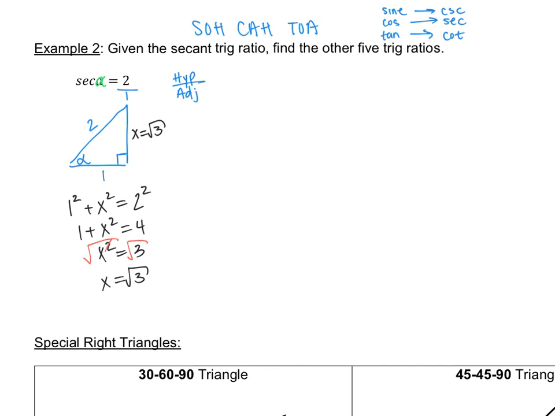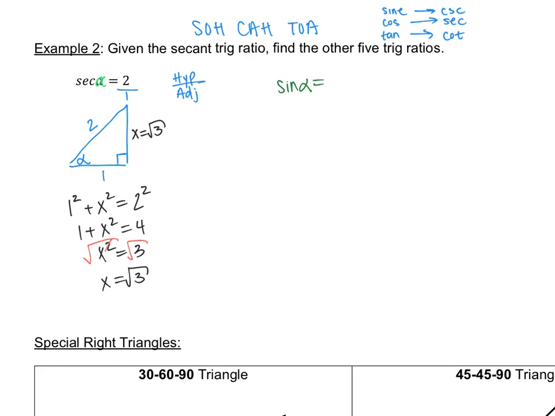All right, once I have all sides, I can build all 6 of my trig ratios. I already have secant, so I need 5 more. First off, I'll use sine. I keep using theta, but this should be an alpha because our angle here is alpha.